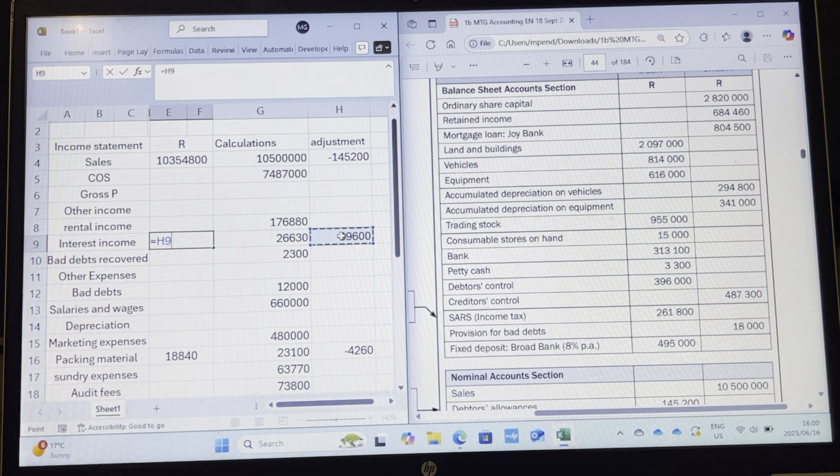It's supposed to be this amount. That's the total amount of interest income that we're supposed to have. And in getting that, we're supposed to say 26,630 plus the difference of these two. So 39,600 less 26,630. And that difference is the one that you add onto the 26,630 to give you 39,600.